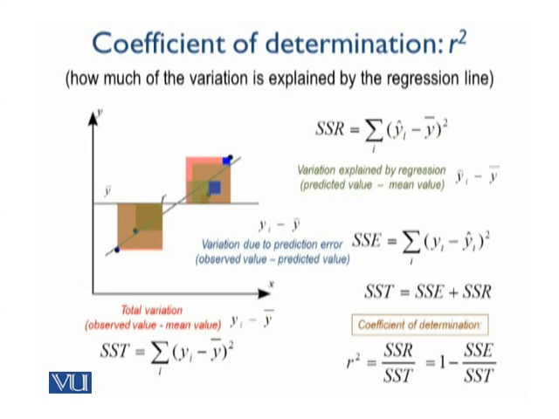So this would be SSR divided by SST, and because the SSR is equal to SST minus SSE, we can also specify this as 1 minus sum of square errors divided by the sum of squares due to the total variation. So having talked about the quality of fit, I refer you to your textbook to learn more about confidence intervals of regression and a discussion on the root mean square errors.